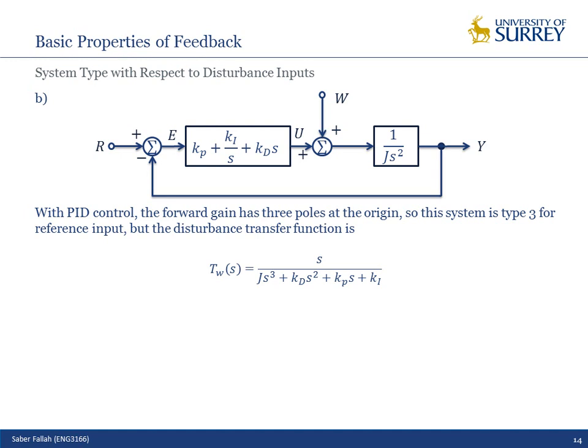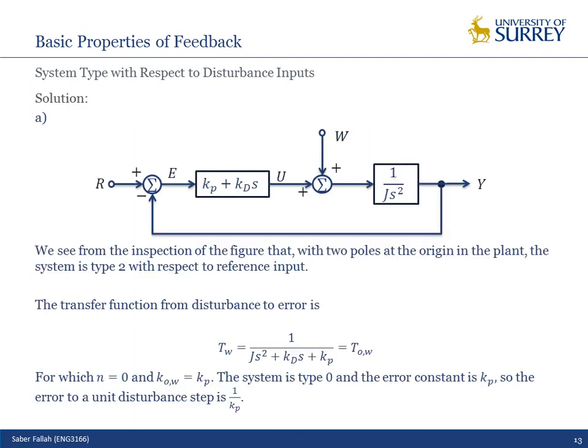Explanation. Okay. Look, I'm looking for the system type with respect to disturbance input. If I use the PD controller, I don't have any s in the denominator, so system type is 0. When I have system type 0, it means for the step input, I have a non-zero constant steady state error. For the higher order, the steady state error is infinite, if I use the PD controller.